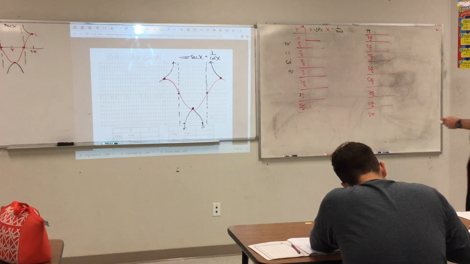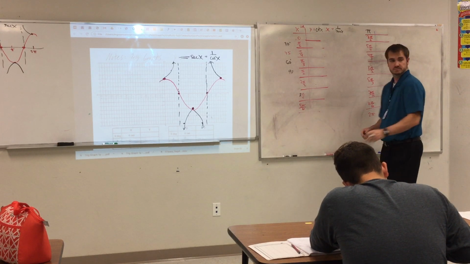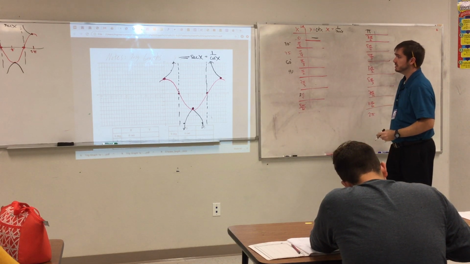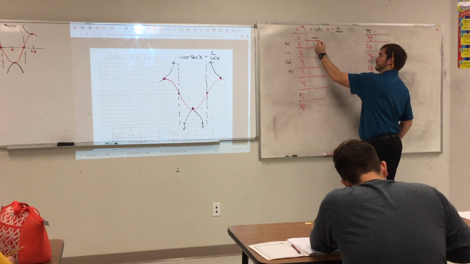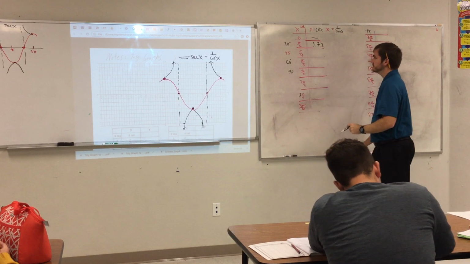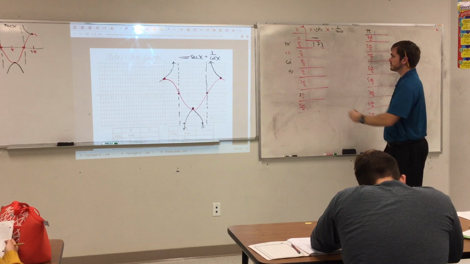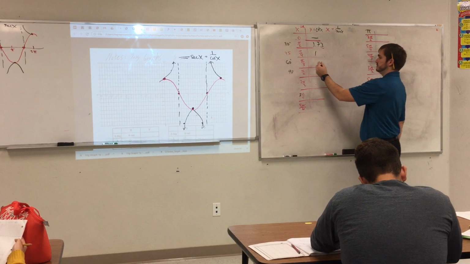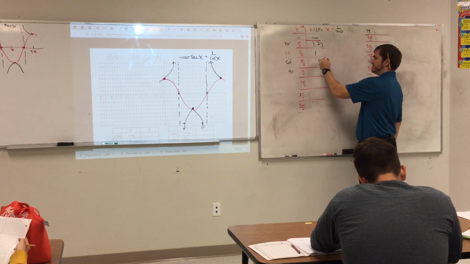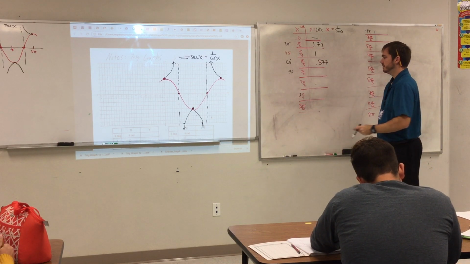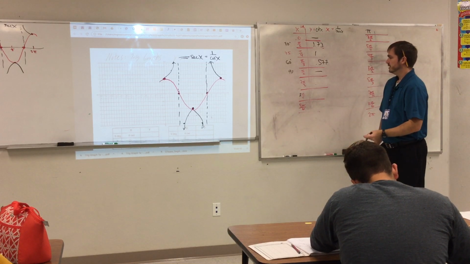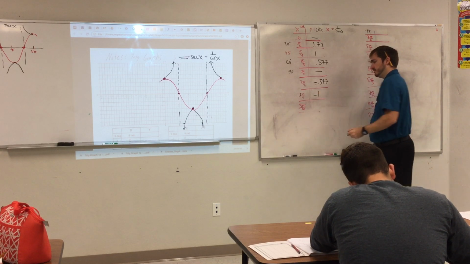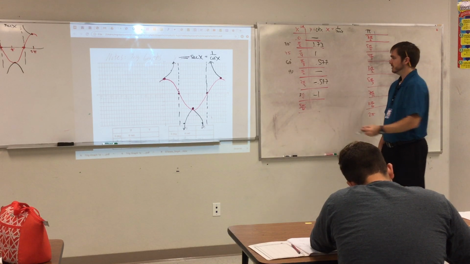Alright, who's got 0? Error, undefined. 5 or 6? 1.73. Okay. 5 or 4? 5 or 3? 0.577. Got it. 5 or 2? Undefined. Undefined again. Negative 0.57. Negative 1. 5 or 6? Negative 1.73.